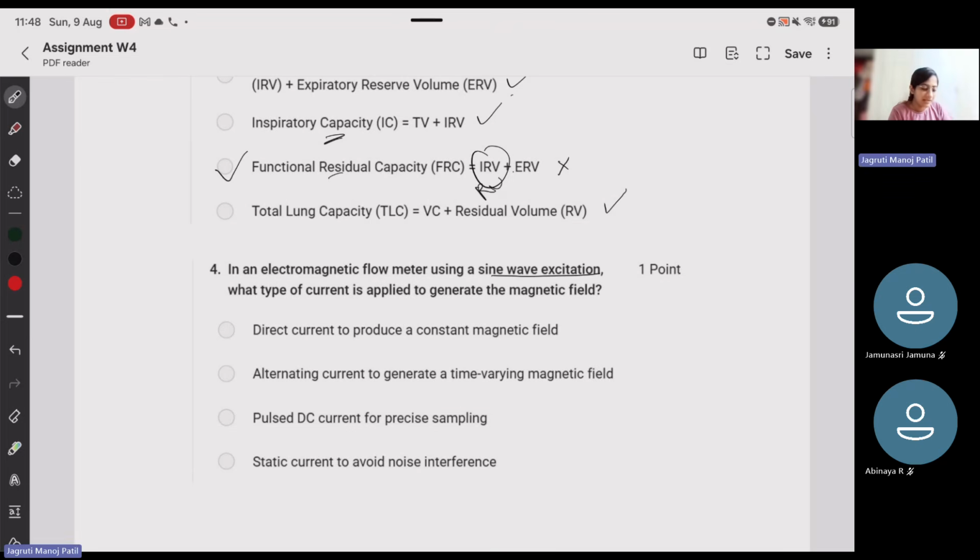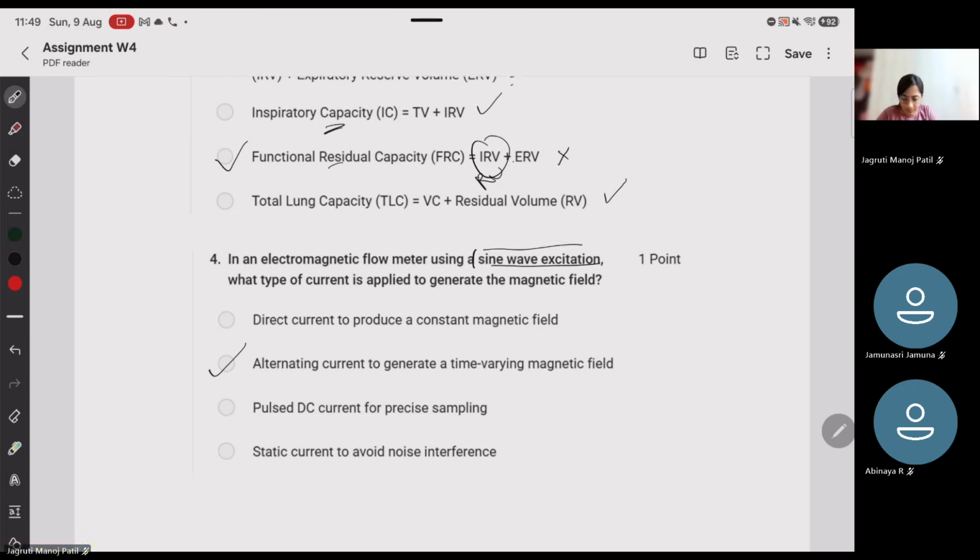I already wrote when I was looking that we apply an alternating current so that we have a conductor through the vent and the magnetic field, and voltage is induced like that. So using a sine wave excitation, we apply an alternating current to generate a time varying magnetic field.